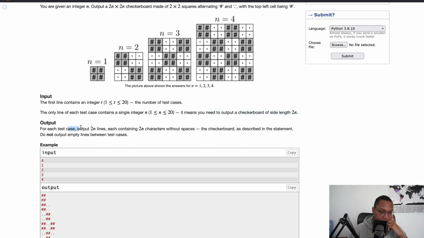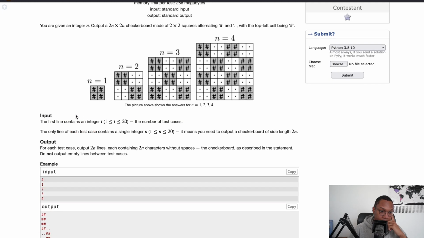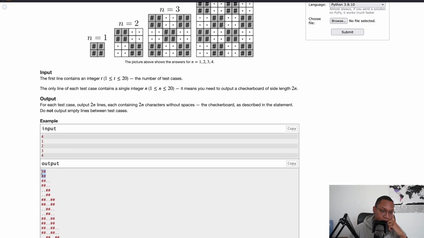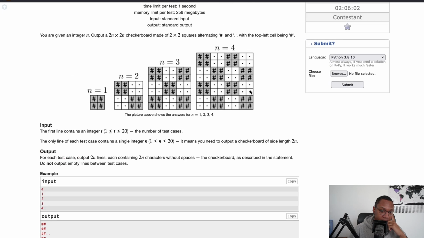But what are you supposed to do for this? Just got to understand. One, two, three, four. We're painting color checkerboards.